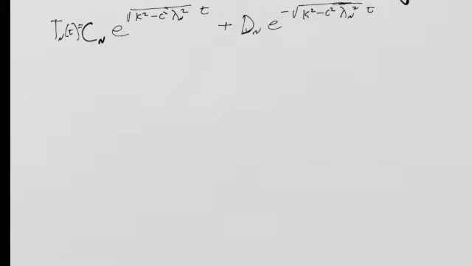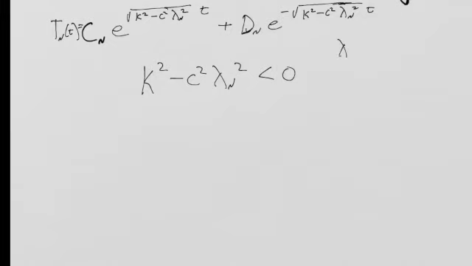Now, the only way this can be an oscillatory solution is if these numbers here are in fact imaginary. So for us to have an oscillating solution, we need k squared minus c squared lambda n squared to be less than 0. A few things we want to remember.